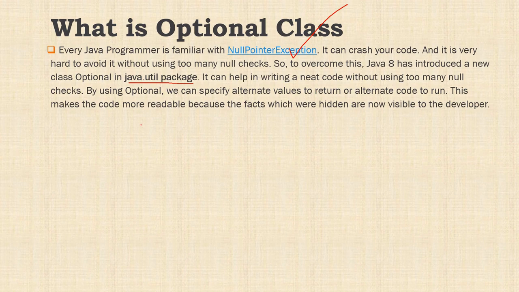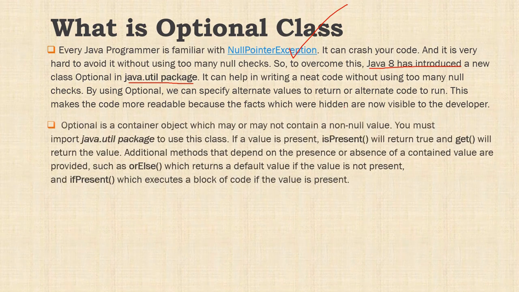This makes the code more readable because the facts which were hidden are now visible to the developer. So the null pointer exception we can handle with the help of the Optional class. Because of that, Java introduced the Optional class in Java 8, which is a very important feature. So we'll see one by one.